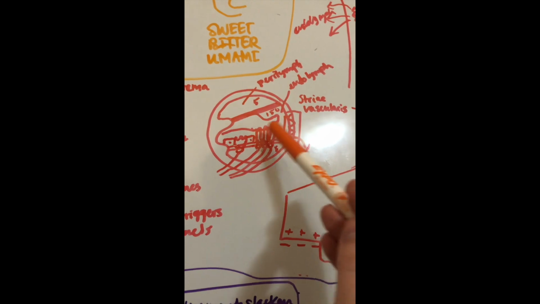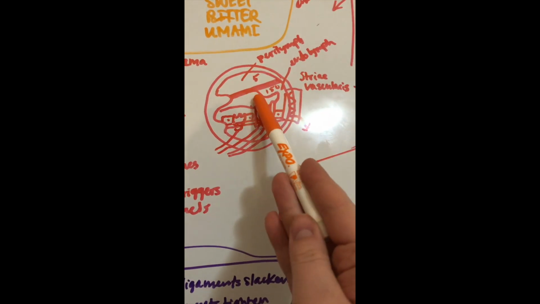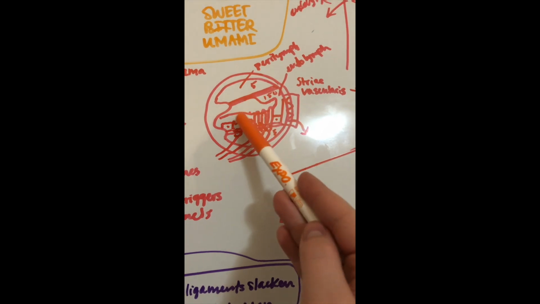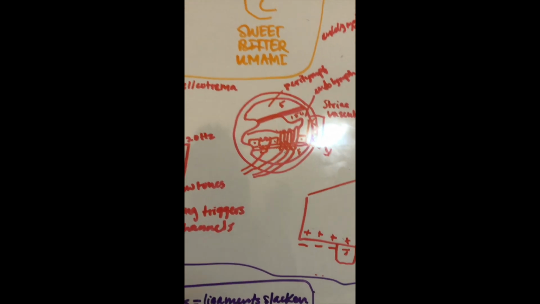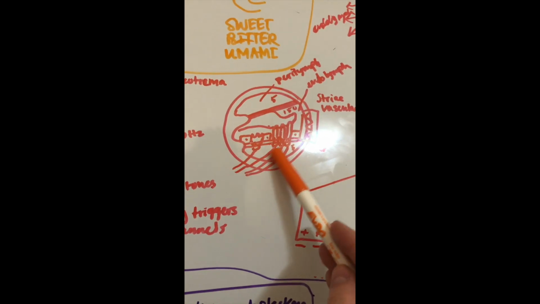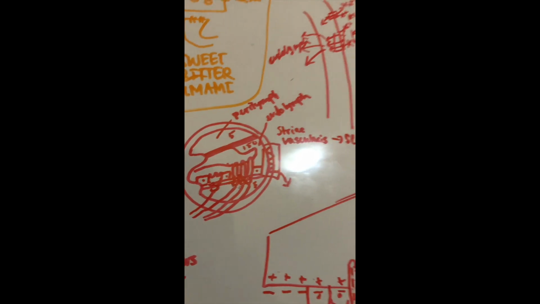So when these are stimulated, they're going to go back and forth, making this move. And then when this moves, it comes down and hits this other hair cell. And that stimulates all of these connections going back to the brain to let you know what you're hearing.